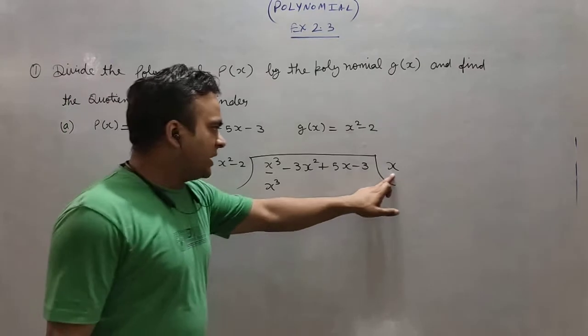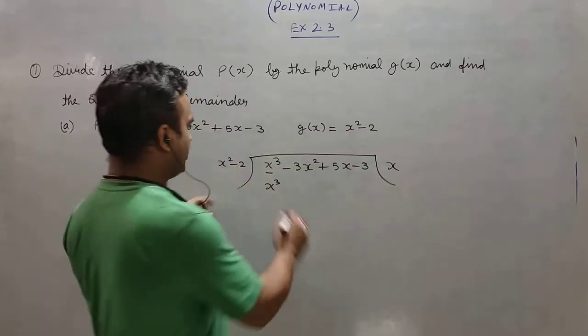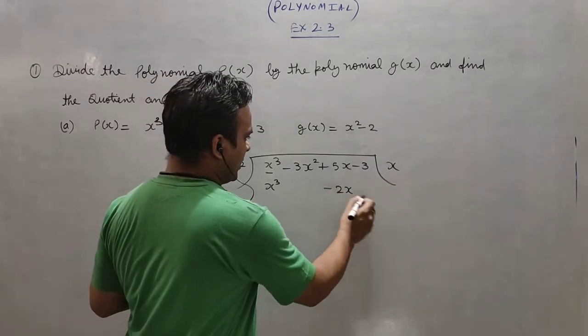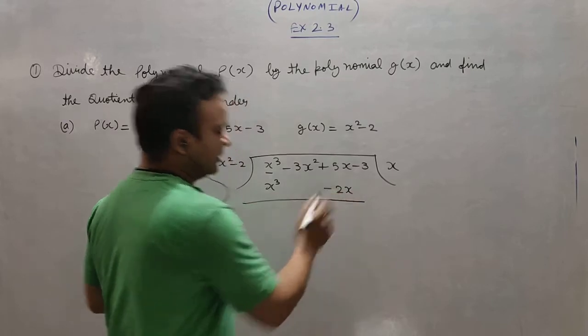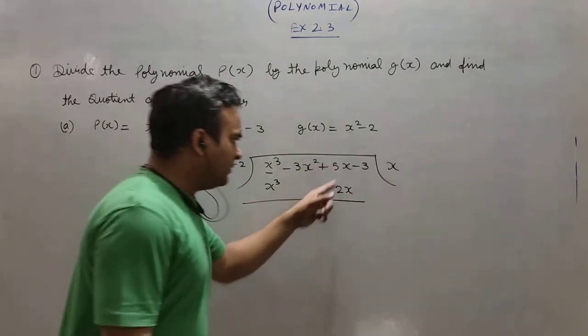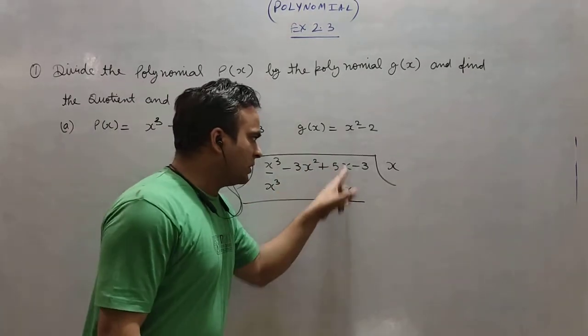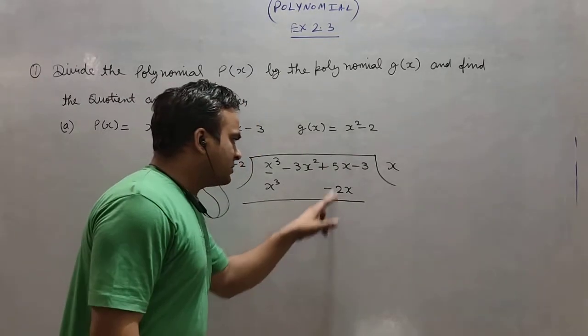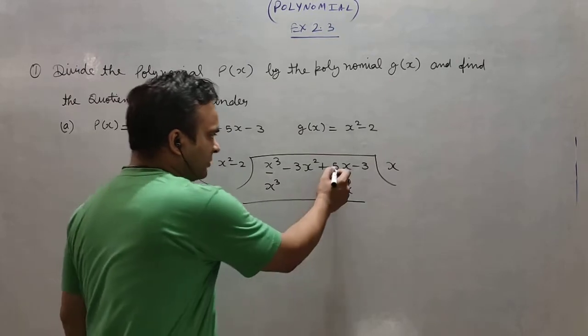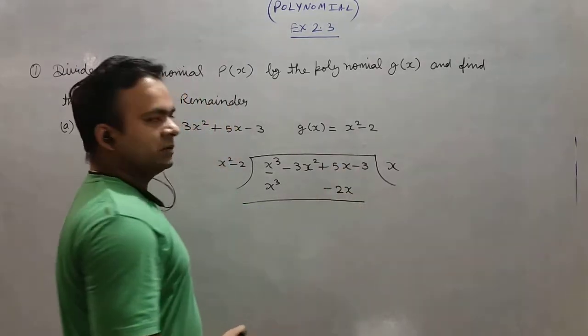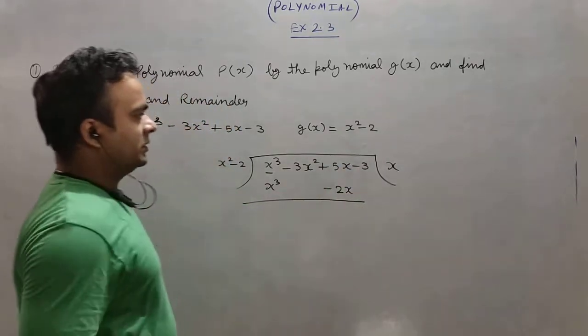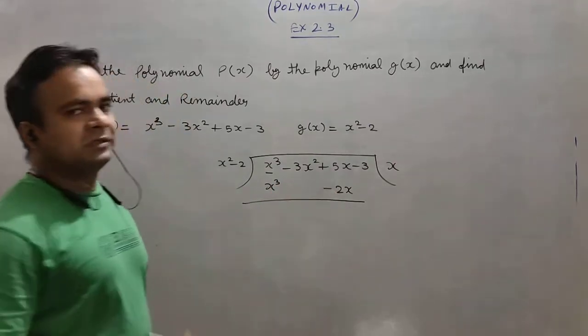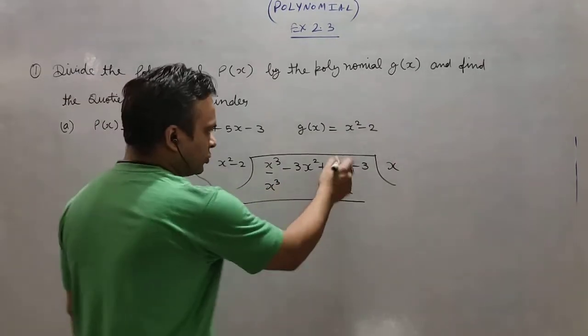Now this x will multiply with the minus 2 also, so I will get minus 2x, and I am writing this minus 2x here because 5x and 2x are like terms. If you put it elsewhere, sometimes you can make an error. You have to subtract 5x minus 2x, not the other term, as they are unlike. So try to write the like terms together.